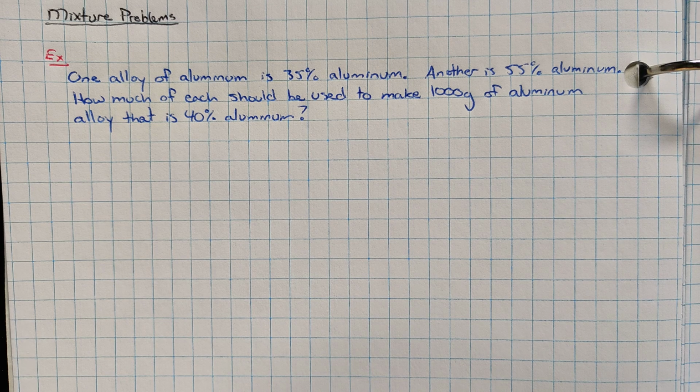It could be mixing a saline solution and trying to get a certain percentage of saline in the solution, and then we could use percentages again, or it could be finding the volumes as well. But in any of these cases, you're taking two different amounts of things and trying to mix them together to get a certain volume or weight and then a percentage mixture.